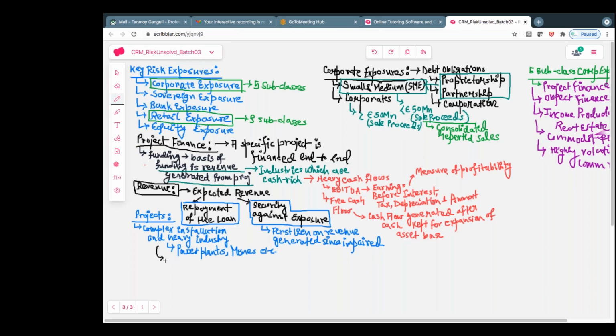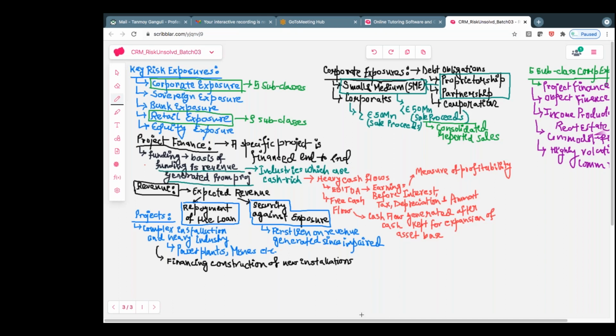One of them is financing the construction of new installations.